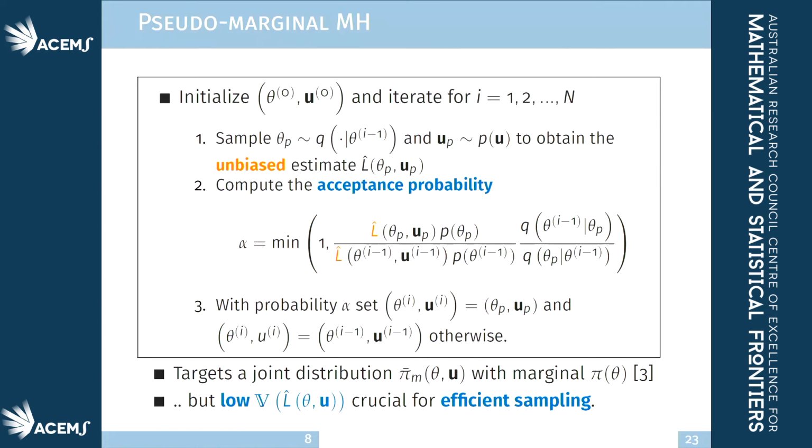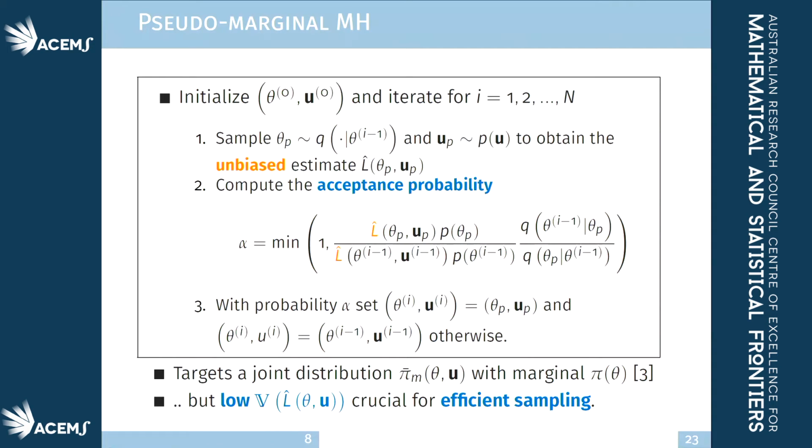The only difference is that we're estimating the likelihood instead of evaluating it exactly. And we can show that we're targeting a distribution in theta and u whose marginal is the posterior of theta. So the common form of pseudo-marginal uses unbiased estimators of the likelihood to actually achieve iterates from the correct posterior.